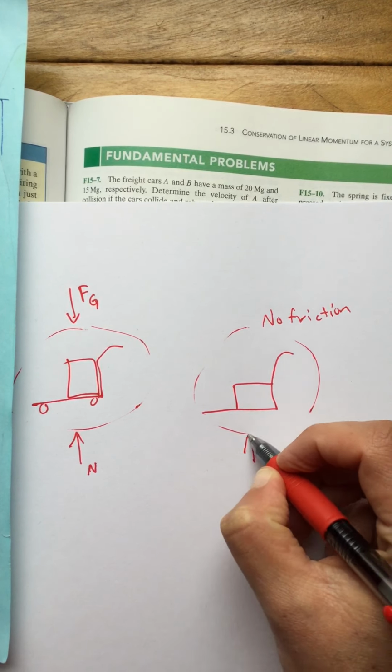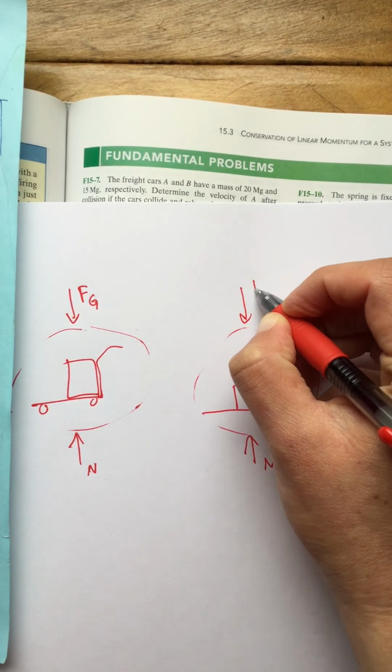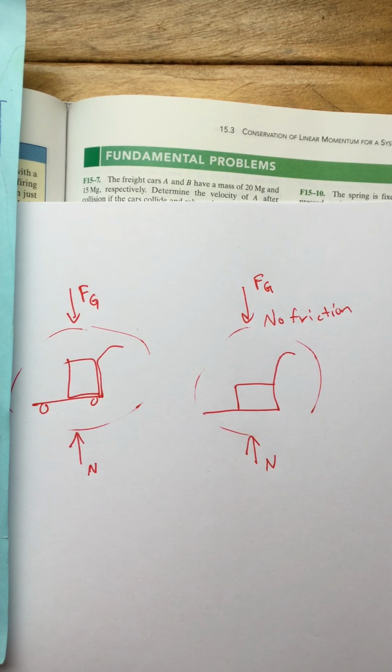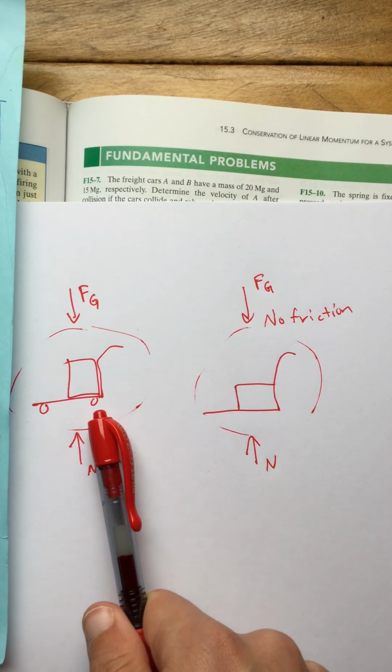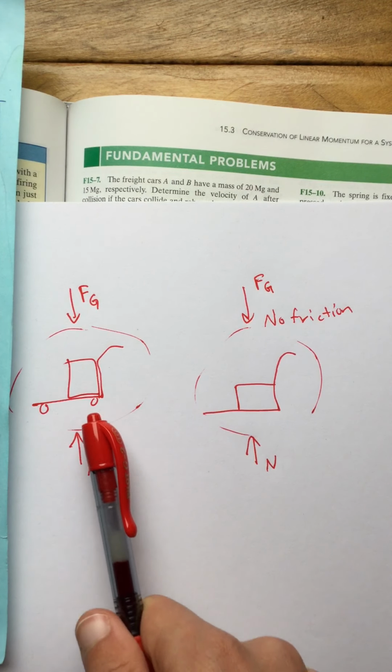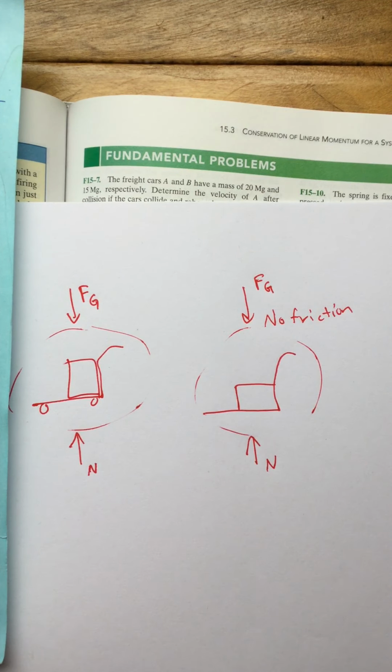Normal force acting upwards, force of gravity acting downwards, and that is approximately the same as what we have here, and this will give us the solution in the back of the book. And later on in the course, we'll talk more about what you would do in this case, where you have friction from the floor acting on the wheels of the cart.